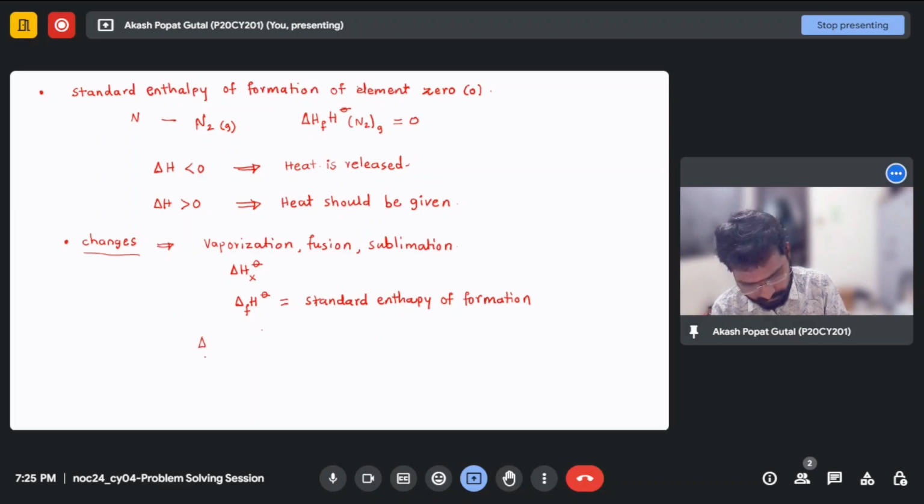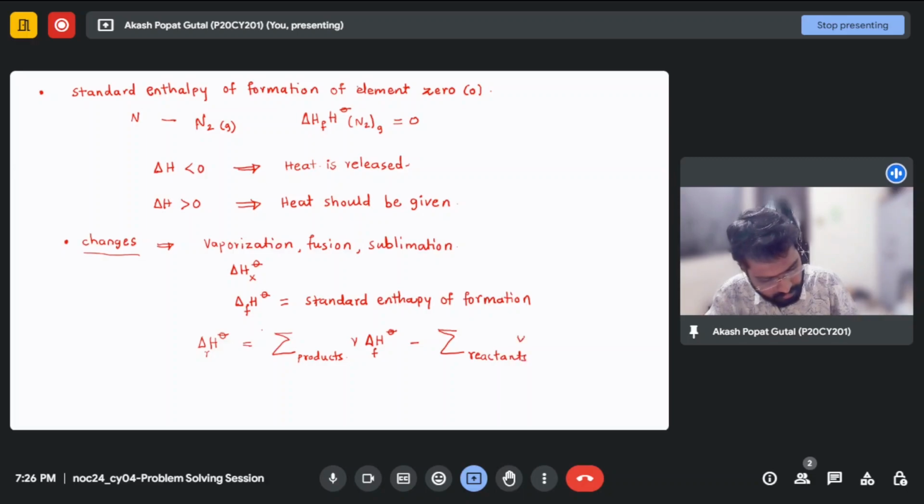We can also say the standard enthalpy of reaction is the summation of products into their stoichiometric ratio of product formation minus reactant formation, with their respective stoichiometric coefficients.